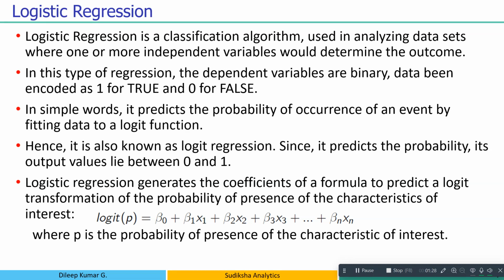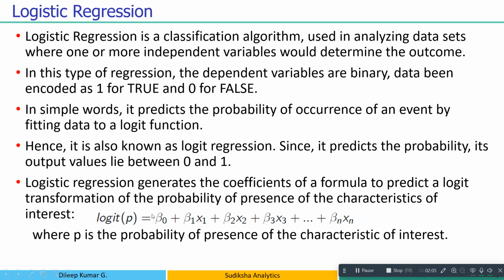Beta 0 is the intercept, and beta 1, beta 2, beta 3, up to beta n are the coefficients, and x1, x2, x3 up to xn are the variables from the data set. In other terms, we can say predictors. The target variable can depend on x1, x2, x3 and so on. These beta 0, beta 1, beta 2, beta 3 are calculated automatically when you fit your data to the algorithm.